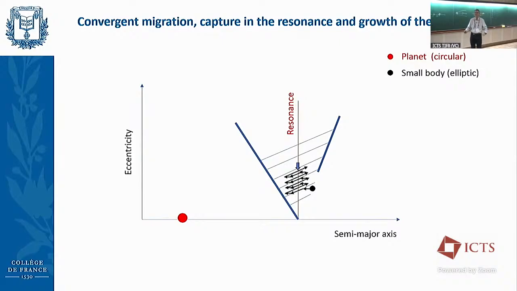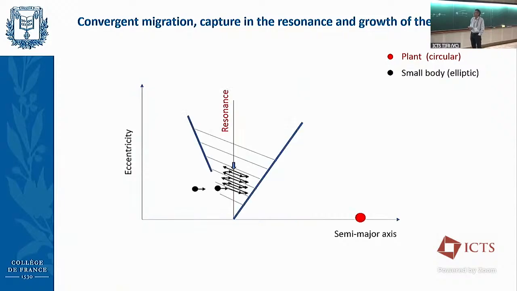So at some point you reach an equilibrium, and that's why the rise of the eccentricity stops. And this is exactly what we've seen in the movie. So the movie sort of explains it. And the same holds if you have convergent migration in the other direction, right? So you remember that this is a normalized coordinate.